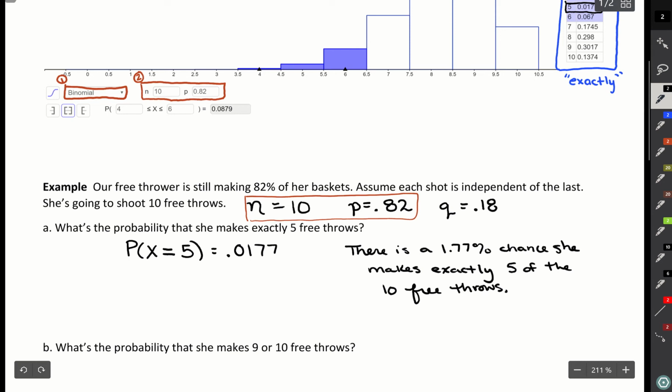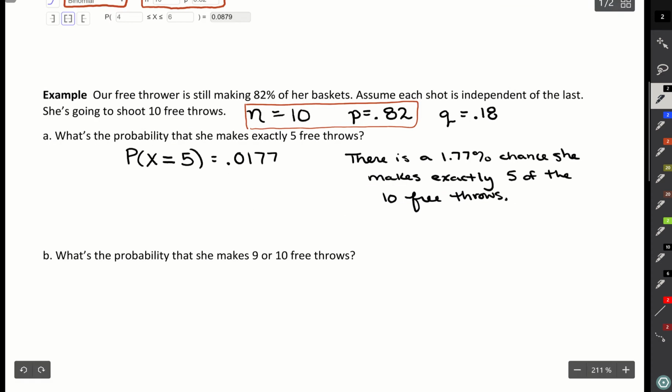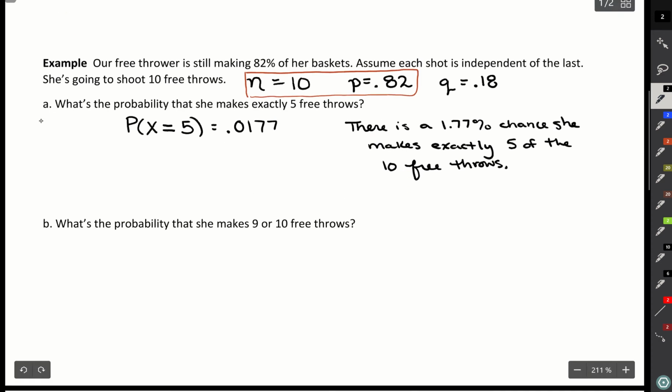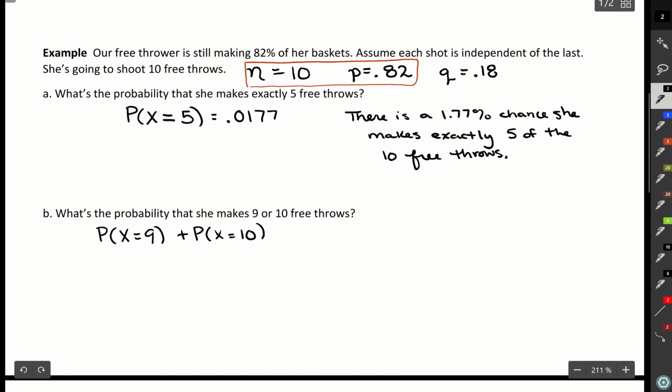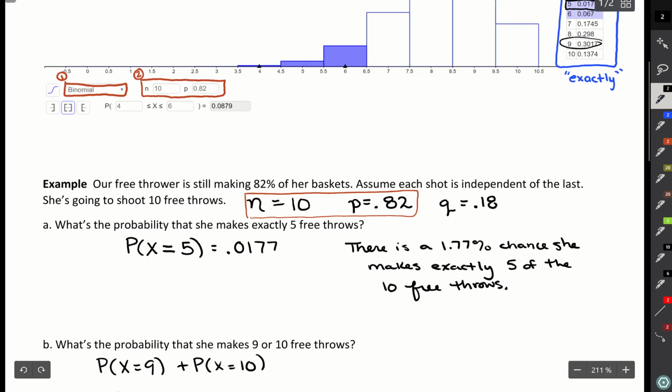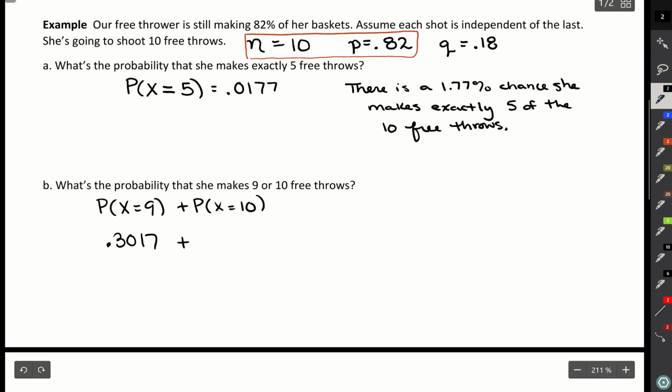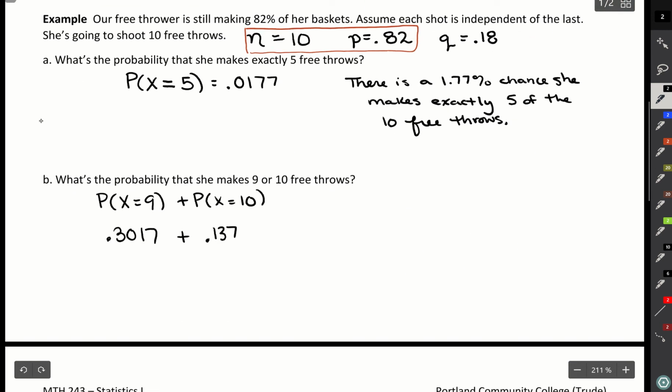We could even use that table for part B, saying what's the probability that she makes 9 or 10 free throws. So this would be the same thing as looking at the probability of her making 9 free throws plus the probability of her making 10 free throws. From that table, we can see the probability of making 9 is 0.3017 plus the probability of her making 10, which is 0.1374.